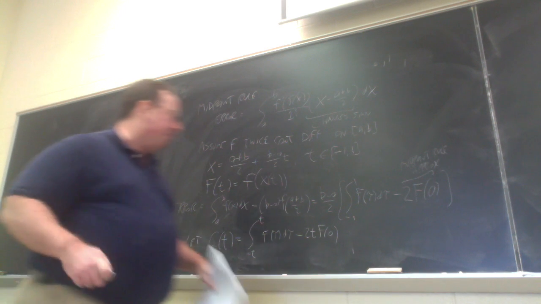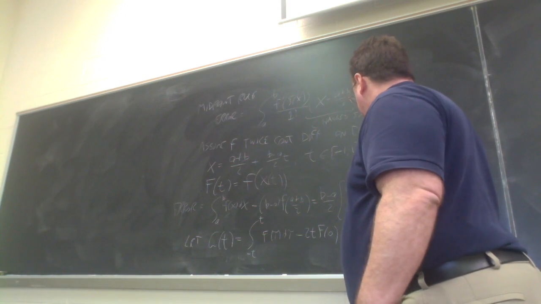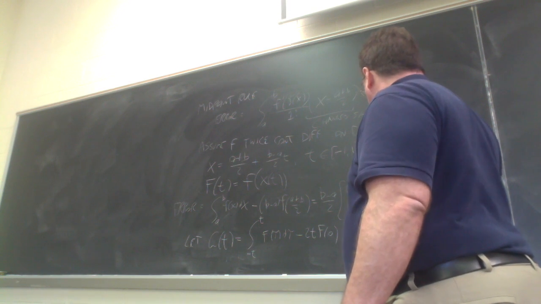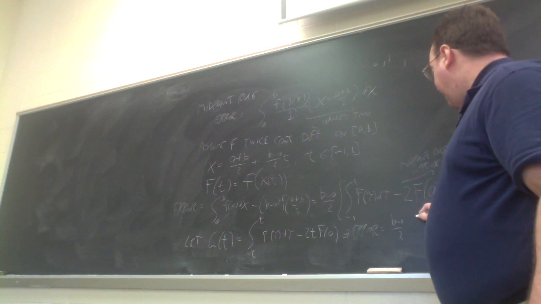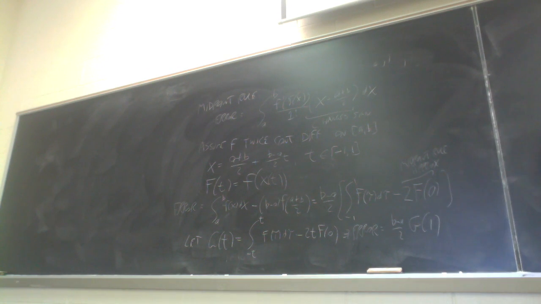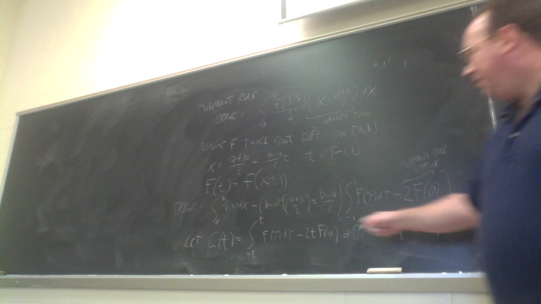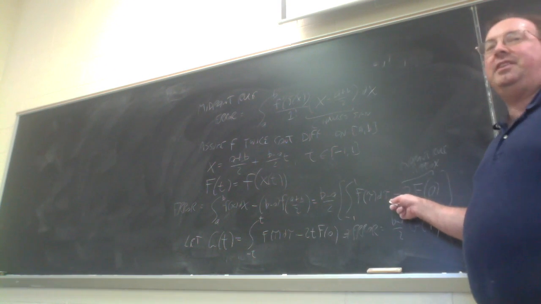And as a result of that, I can say that the error is equal to (b minus a) over 2 times big G of 1, because if I take t equal to 1 in here, I get exactly this.